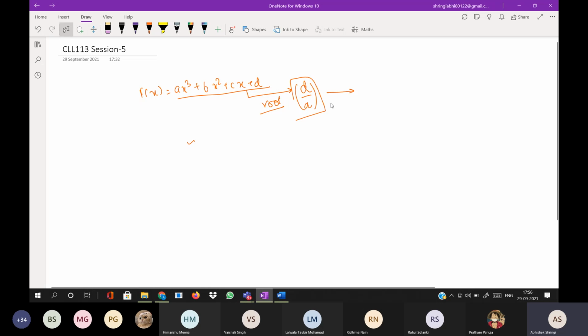Once we find one root, suppose it is x1 or alpha, we divide the whole polynomial by x minus alpha, and we get the corresponding quadratic polynomial.